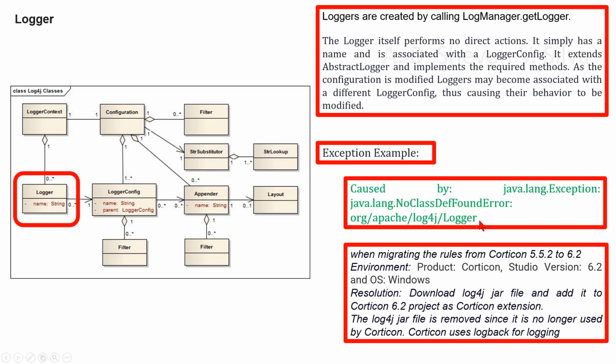This is caused by java.lang.NoClassDefFoundError: org/apache/log4j/Logger. To resolve this, download the log4j jar file and add it to the Corticon 6.2 project as a Corticon extension. The log4j jar file is removed since it is no longer used by Corticon. Corticon uses logback for logging.